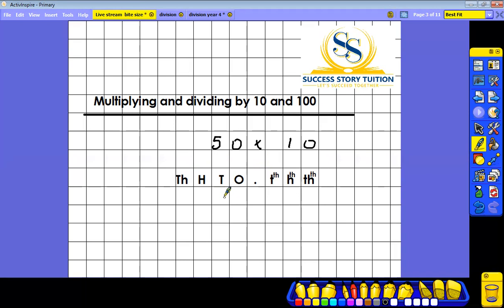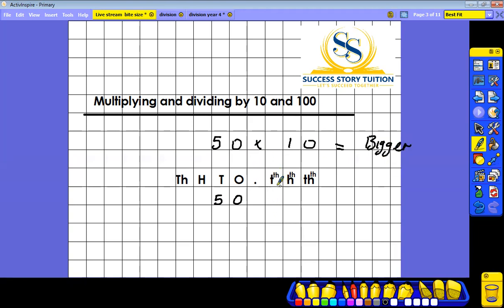Okay, so let's record our number down. 50. Now, we are multiplying 50 by 10. And in order for us to do this correctly and accurately, we need to realize that when we multiply a number by another number, our answer gets bigger.